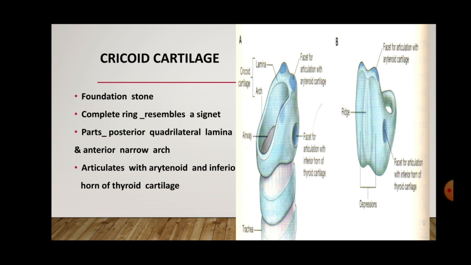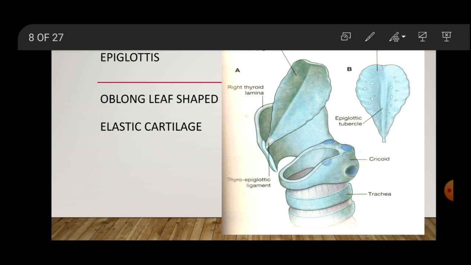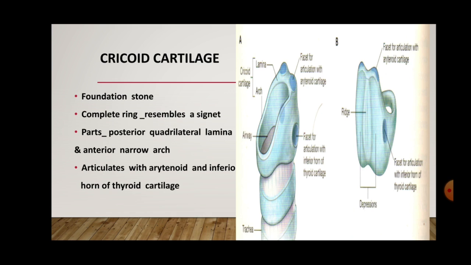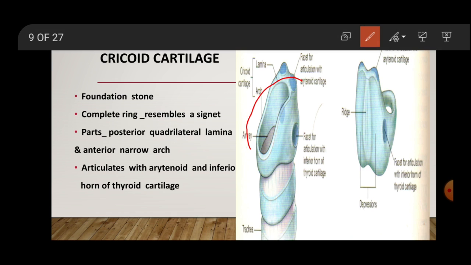Yes, it completely encloses the laryngeal cavity. Its shape is like a signet ring, and it has a broad lamina posteriorly.